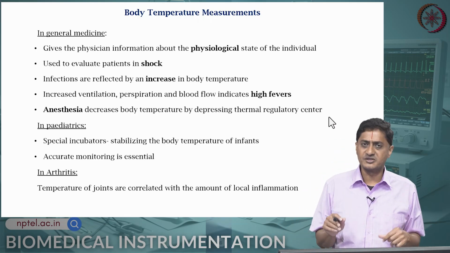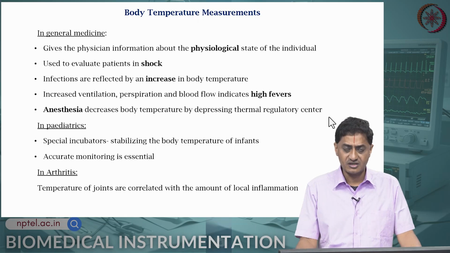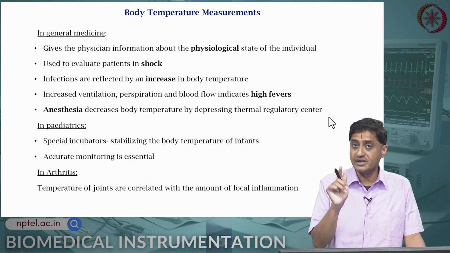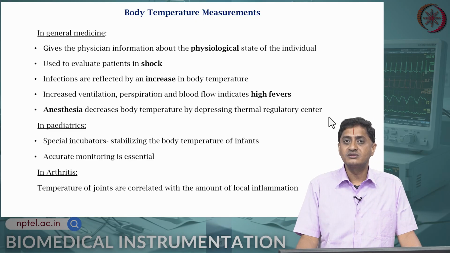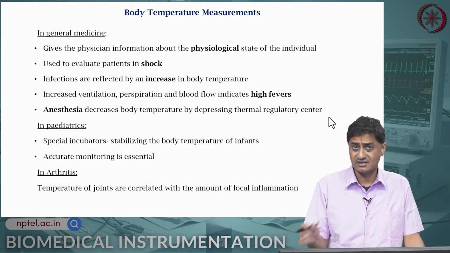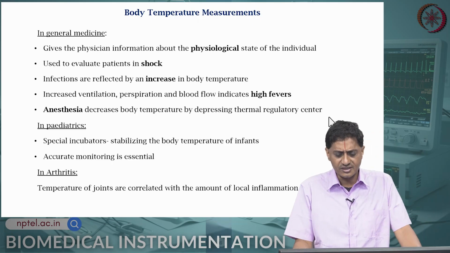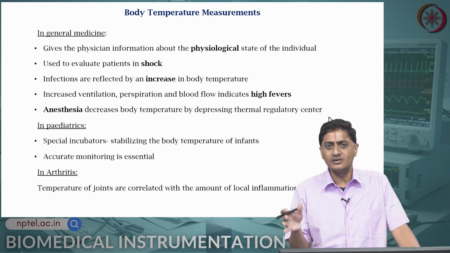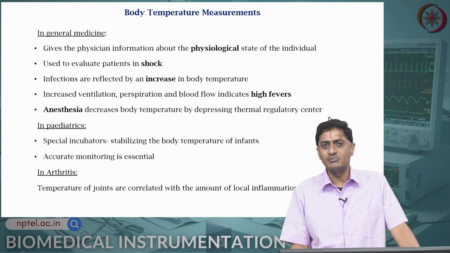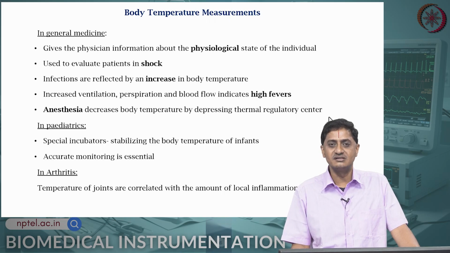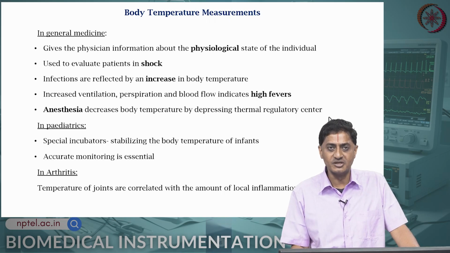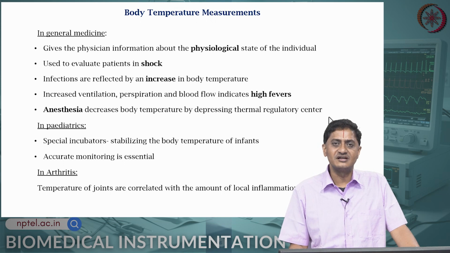That is beyond the scope of this course to discuss, but do read up about how thermoregulation is achieved in humans. It is an exercise for you. I am not going to continue with that, but just know that in healthy people, temperature is maintained in a relatively small range.